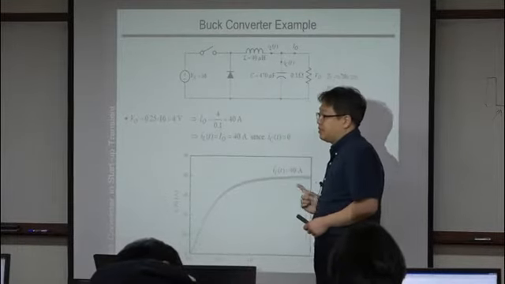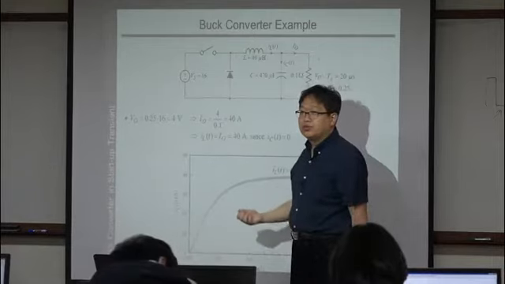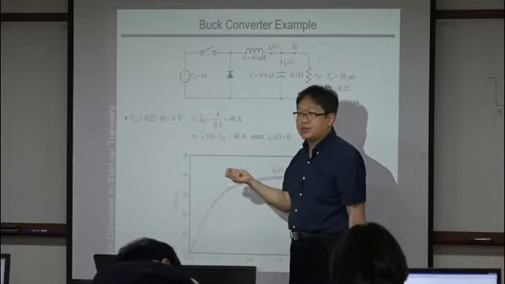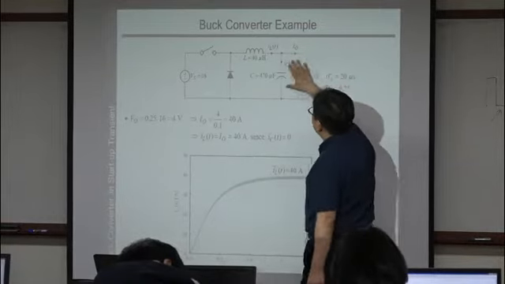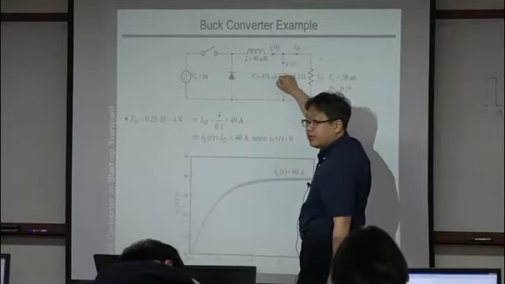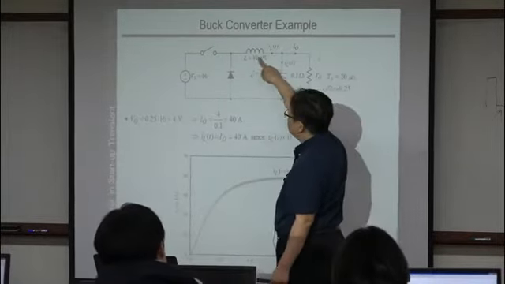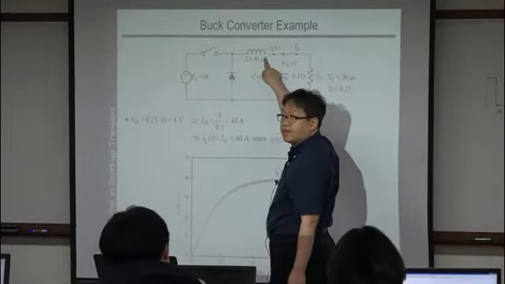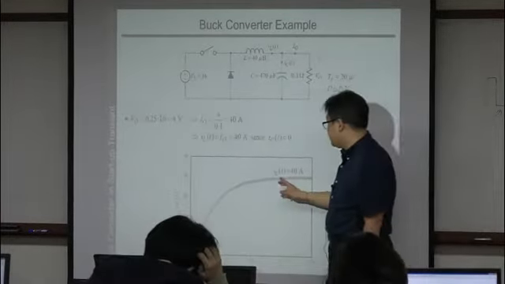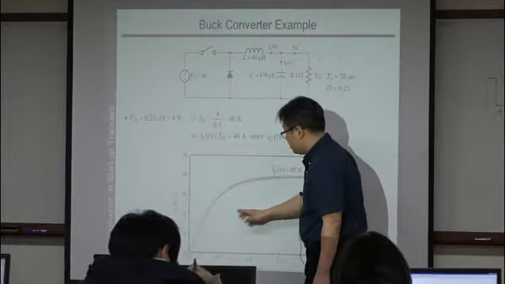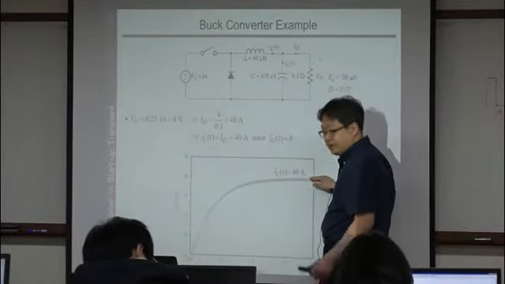Because the input current and output current amount should be the same to fulfill the amp-second balance, right? Then the average value is zero. This average value is 40 ampere. Then the average value of this inductor current should also be 40 ampere, right? So this is the inductor current, and at the steady state, its average is 40 ampere.